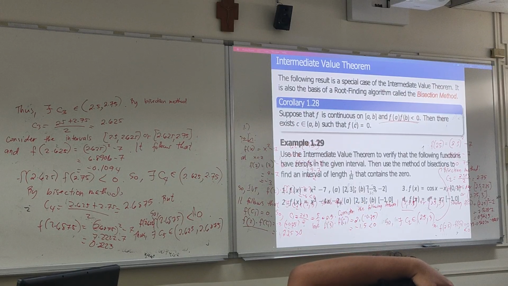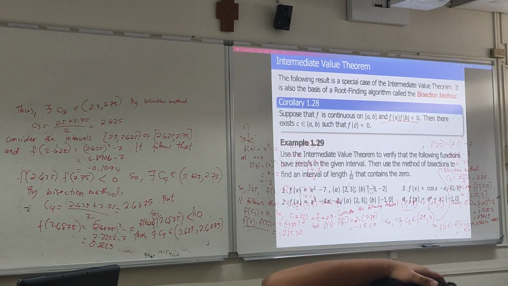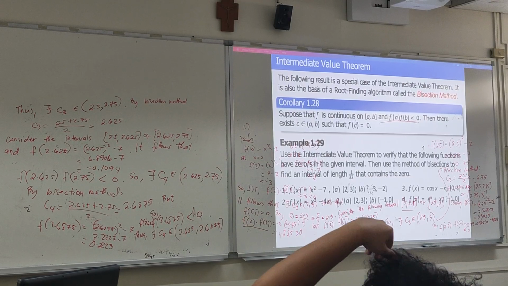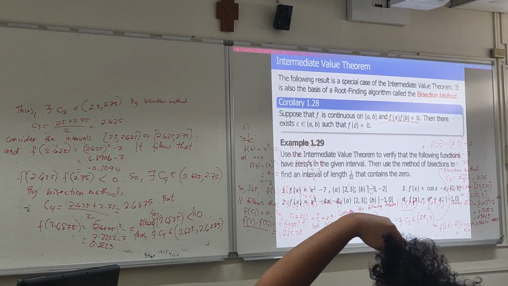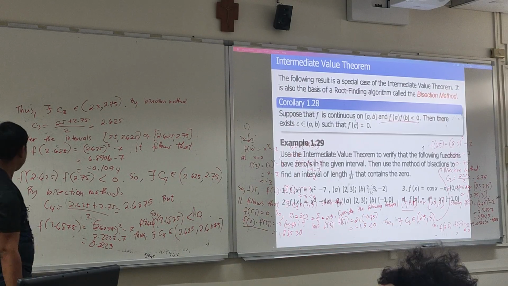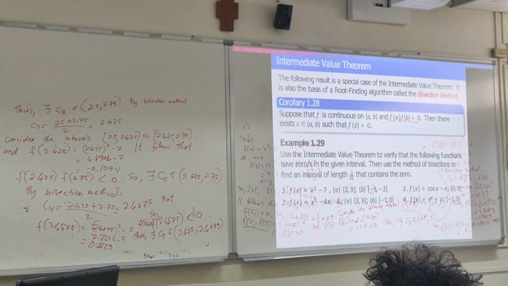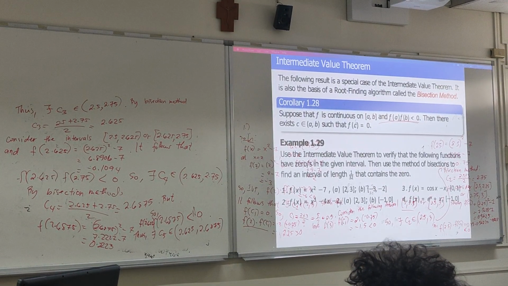So F of 2.625 is negative, times F of 2.65625, which is positive.